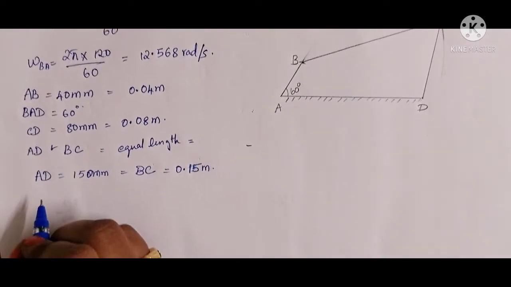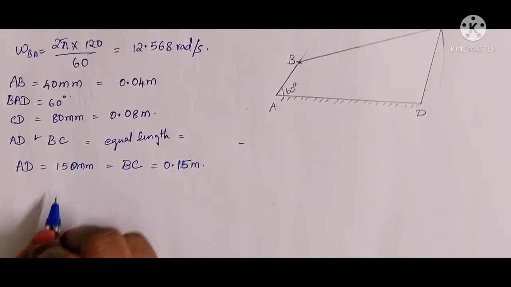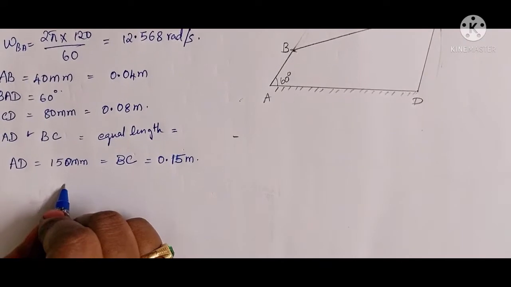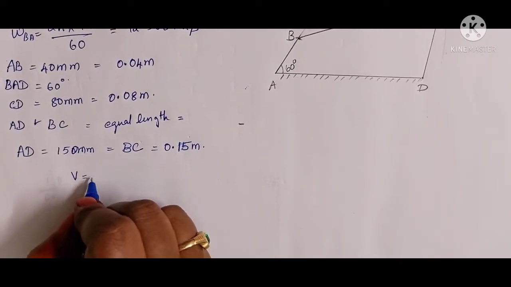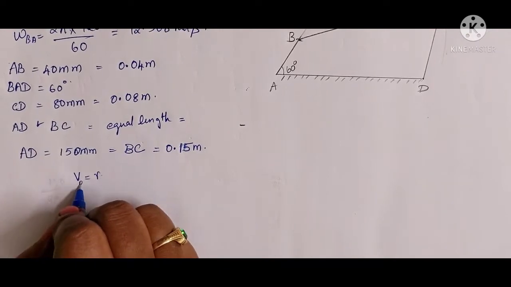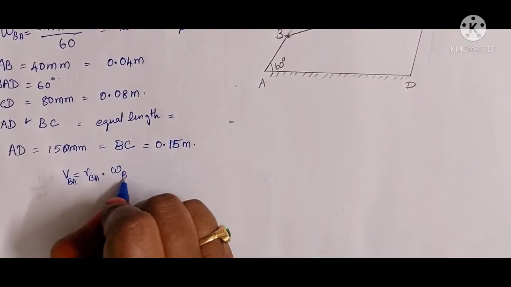Now we need to calculate VBA. We have already found that omega BA is 12.568, and the relation is that linear velocity is equal to angular velocity into link length. So VBA equal to RBA into omega BA.